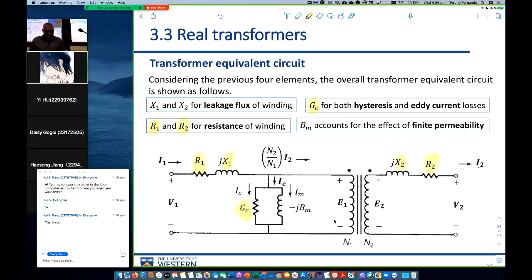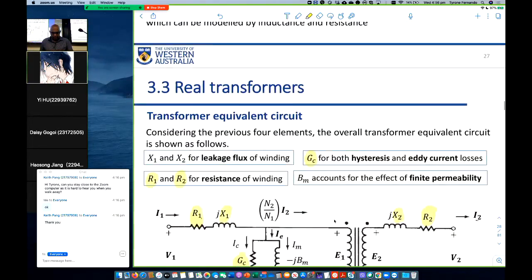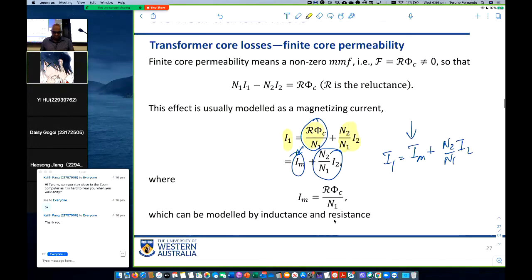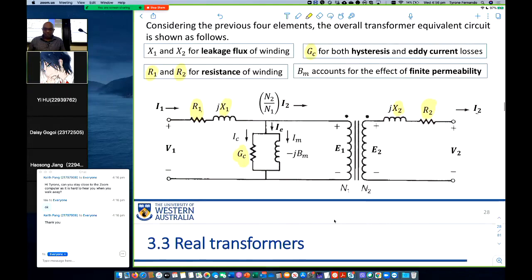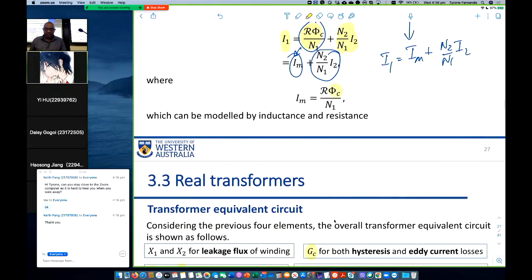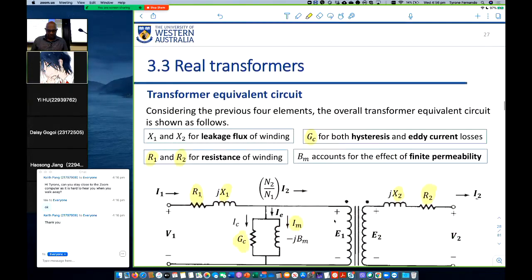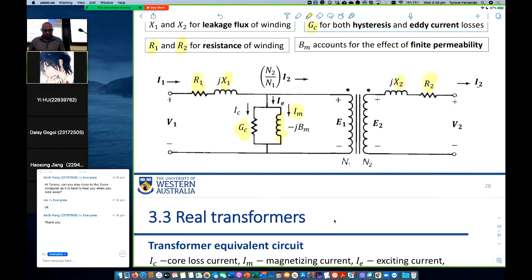And the non-zero reluctance, which provided the magnetizing current related to the flux, is represented by an inductor in the shunt branch, which is this part here.